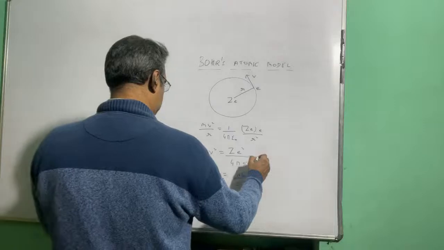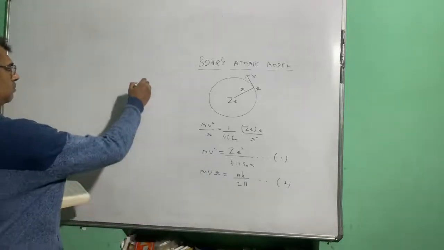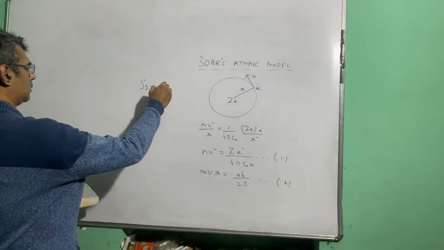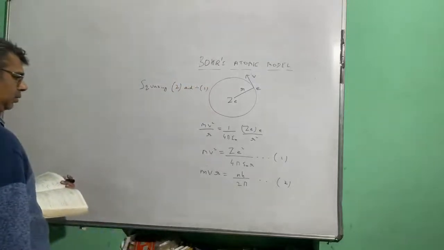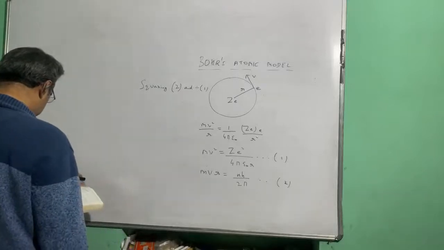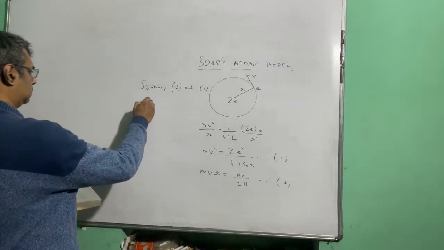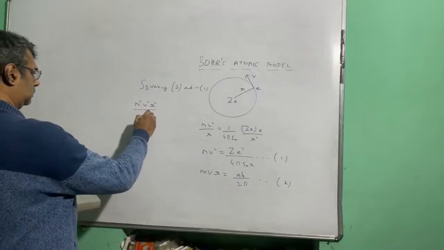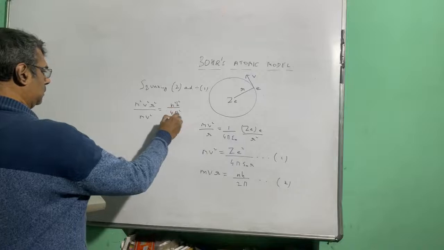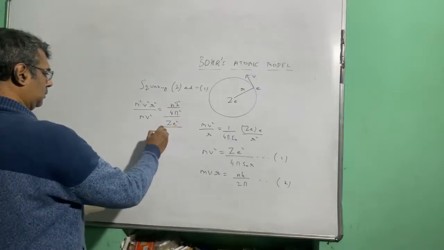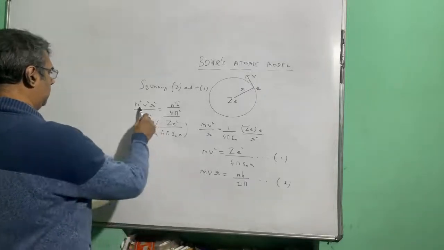Call this equation 1 and this equation 2. Squaring 2 and dividing by 1: if you square 2, you get m square v square r square.